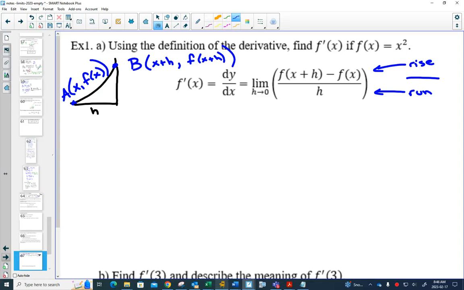And I want to bring that point B closer to A, and as I get closer and closer, my secant line gets closer and closer to the tangent line. And it's so simple in a lot of ways. And it ends up being so powerful for a lot of mathematics.